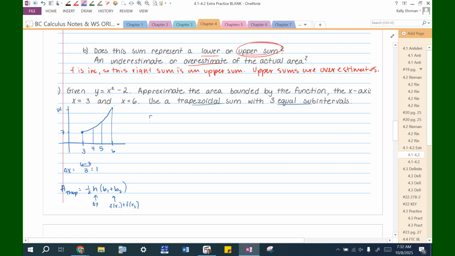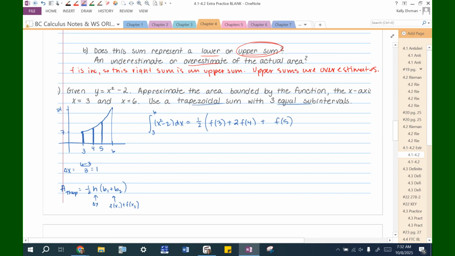All right, so the integral from 3 to 6 of x squared minus 2 dx is approximately, so every trapezoid is going to have a 1/2 times 1. And then you're adding the bases together. So the first trapezoid has these two bases, f of 3 plus f of 4. I'm leaving a gap here because the second trapezoid has f of 4 plus f of 5. So there's 2 of those.